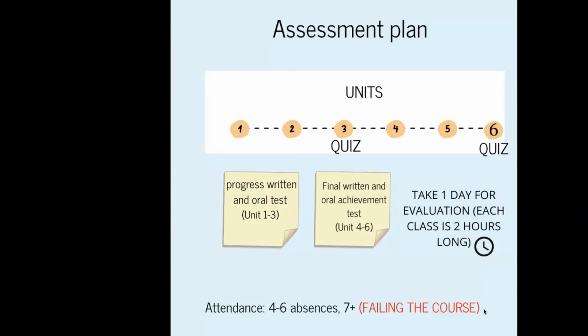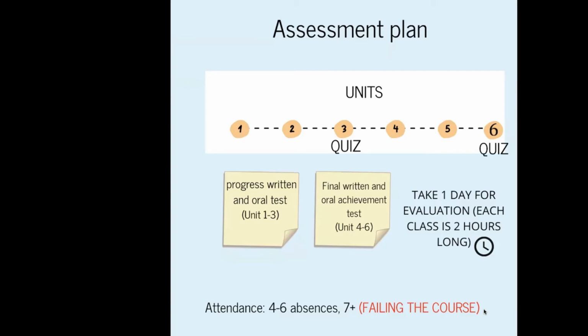Our syllabus is divided also in 6 units, and we come up with 2 quizzes. One that is a progress, but we decided also to include an oral test from unit 1 to 3. And then for the rest of the units, that is basically unit 4, 5 and 6, we're going to have the final written and oral achievement test.